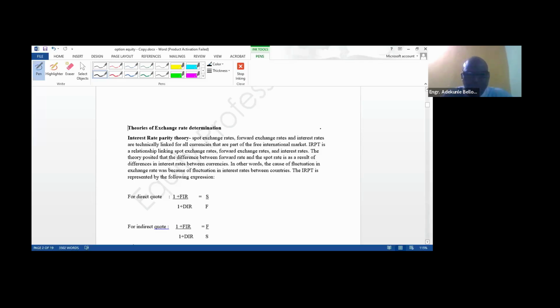I'll take that again. The interest rate parity theory states that the differences in exchange rates between two country currencies occur as a result of differences in interest rates between the two countries.